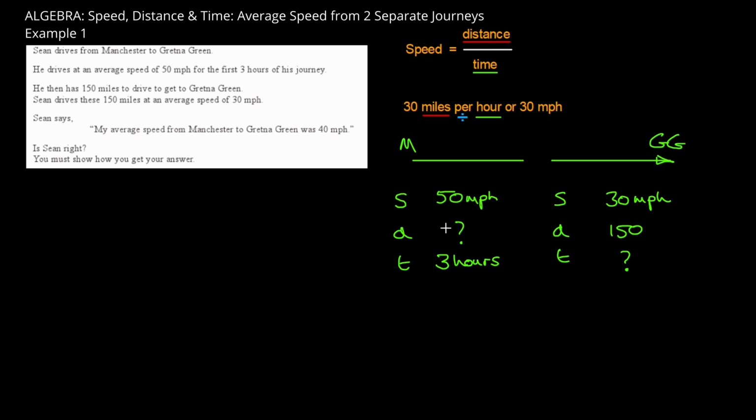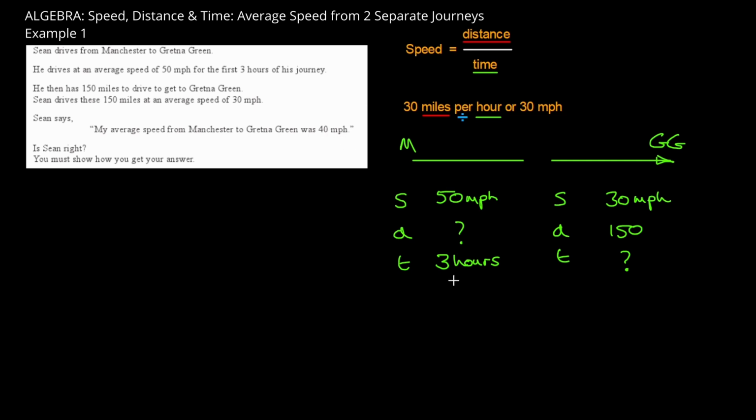And we don't know total distance because we don't know the distance from Manchester to when he took a break, and we don't know the time it took for him to get from his break point to Gretna Green, driving the distance and the speed that he did. So we've got to find the mystery value in each of these different problems, find a total distance, find a total time, find an average speed, and prove it wasn't 40.